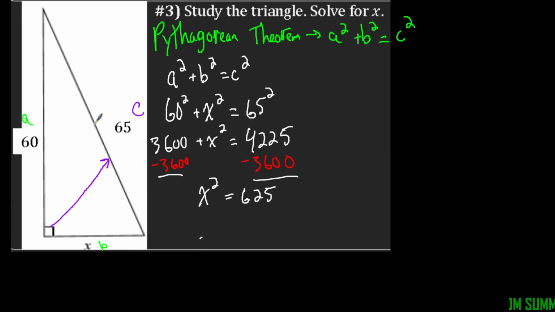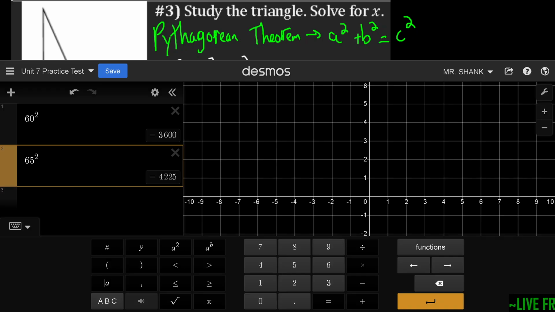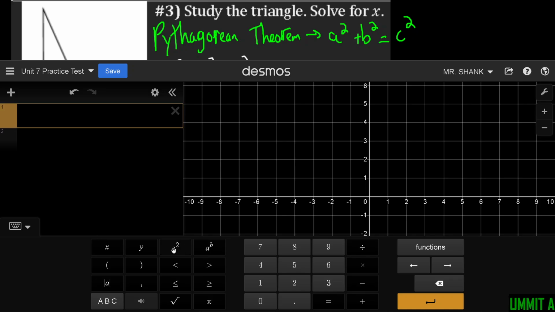All right, so now what I have to do is take the square root. That's the opposite of squaring something, that's how you get rid of an exponent. So I'm going to say square root of 625. If you want to pull that up in your calculator, you certainly can. Let me clear this out.